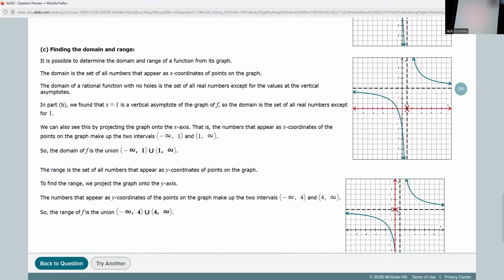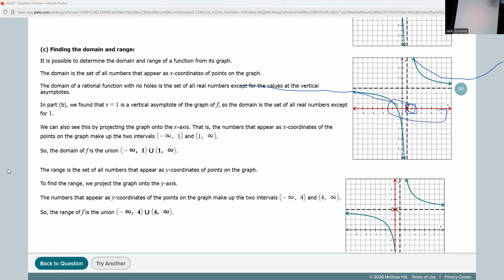So once you have all that info, we can write the domain. This is a little harder, but you've done domain before. Remember, domain has to do with the x, so we include everything except that vertical asymptote. Notice if you look at the graph, it goes all the way to the left forever, all the way to the right forever. It only skips this location.